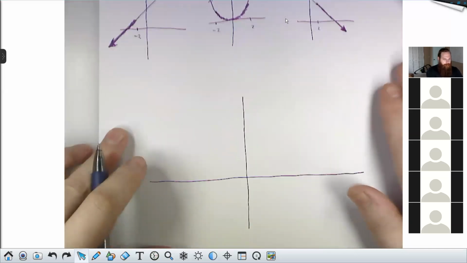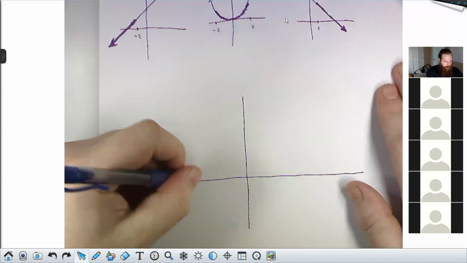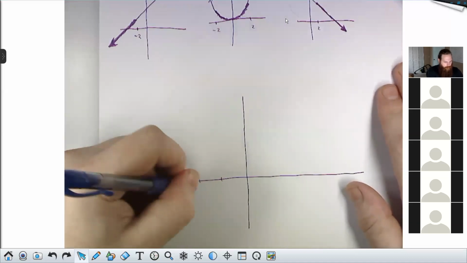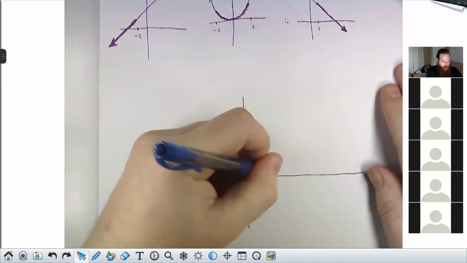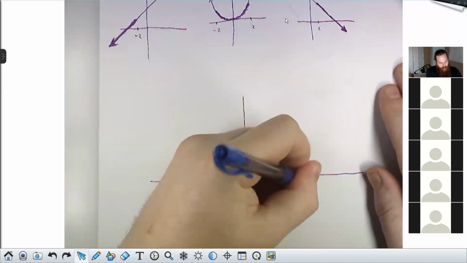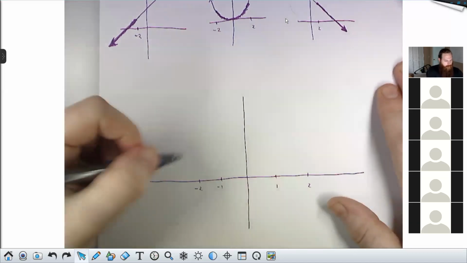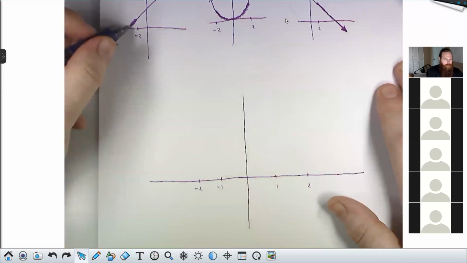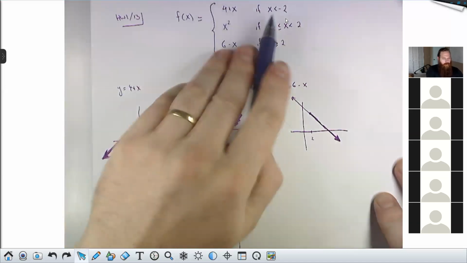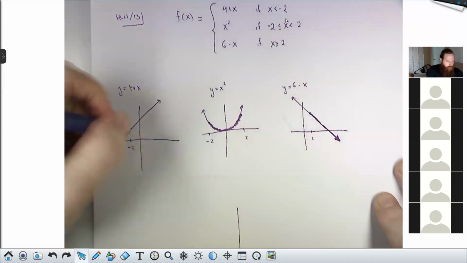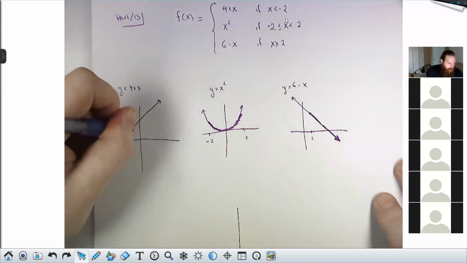So down here, I'll mark off -1, -2, 1 and 2. To the left of -2, I behave like this guy. And because we had a strictly less than here, there's actually going to be an open ball here.